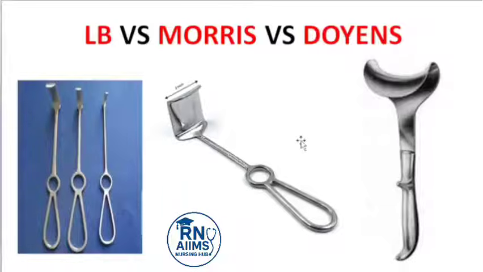The Morris retractor blade is much wider and longer than the L retractor. Commonly used in laparotomy, abdominal and pelvic surgeries. Doyne's retractor has a large handle and a broad, curved blade, much wider than Morris. Used in deep abdominal surgeries, especially laparotomy and bowel surgeries.